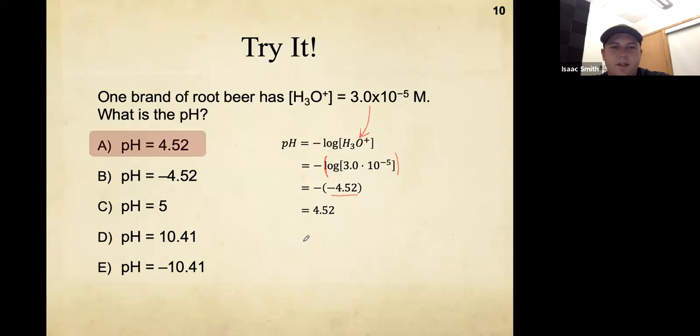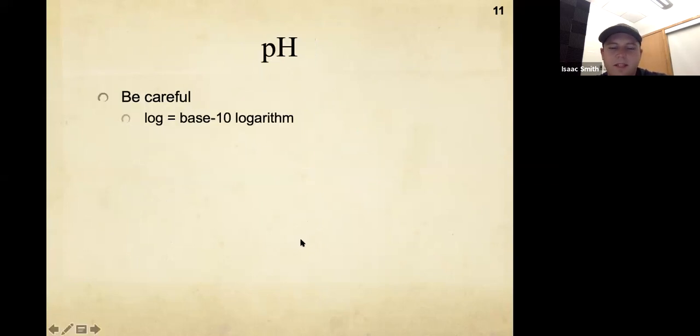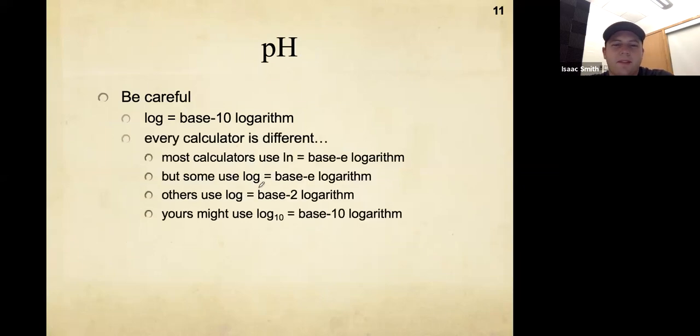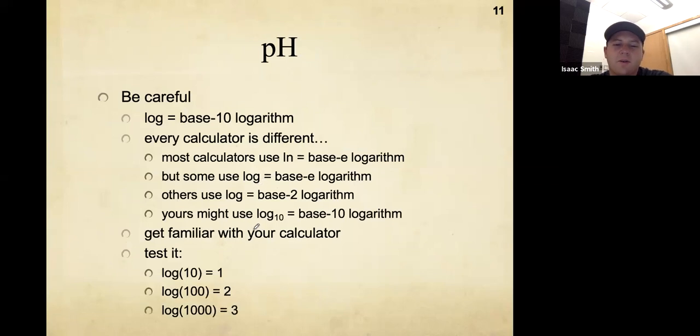Cool. One thing I want to point out, if that problem didn't work out for you, is some information about calculators. Make sure your calculator's log button is what you think it is. Sometimes when you see log, it's actually a log base e. Some are log base 10, but we need to use the log base 10 button on your calculator. So make sure you're not using the ln, which is the natural log.